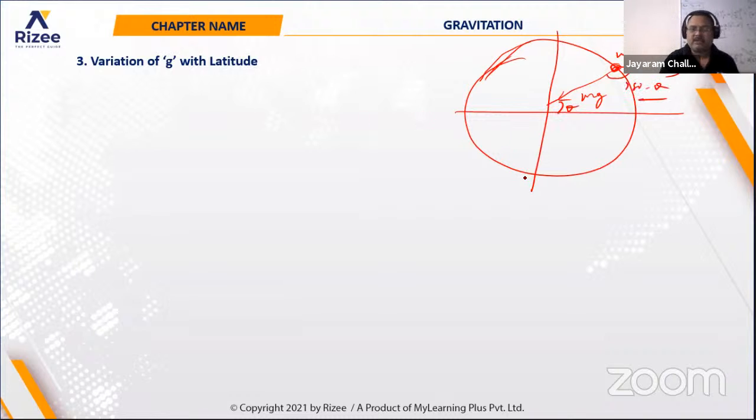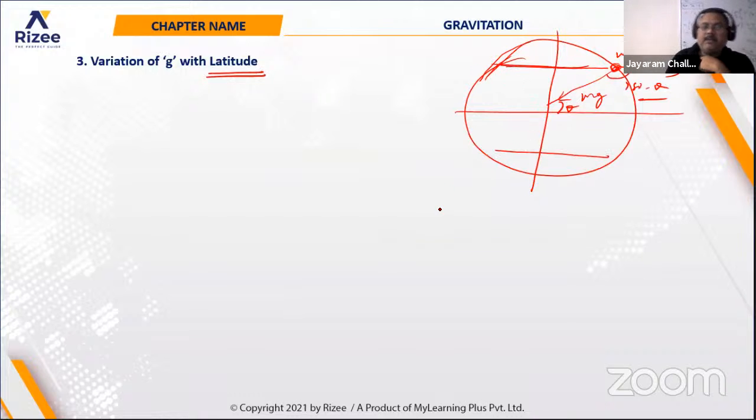Solving these two forces, you have to apply the parallelogram law of vectors. Latitude means the lines parallel to the equator are called latitudes. So how is g going to vary? g dash is equal to g minus R omega square cos square theta. That means as the theta value changes.